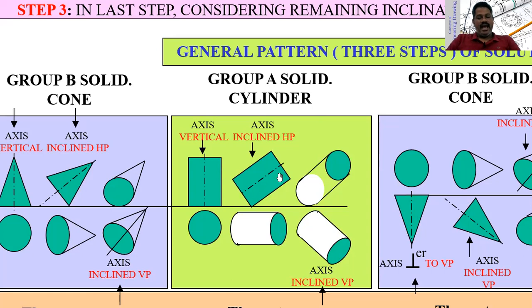Similarly, the axis of this cylinder is making some angle with VP. The cylinder axis is making some angle with HP as well as some angle with VP. So we have three projections here: when it is perpendicular, when the axis is making some angle with HP, and when the axis is making some angle with VP. In these three cases, we have drawn the projections.